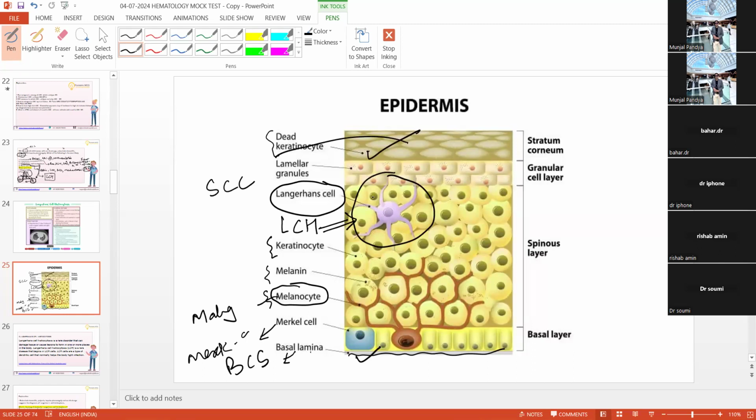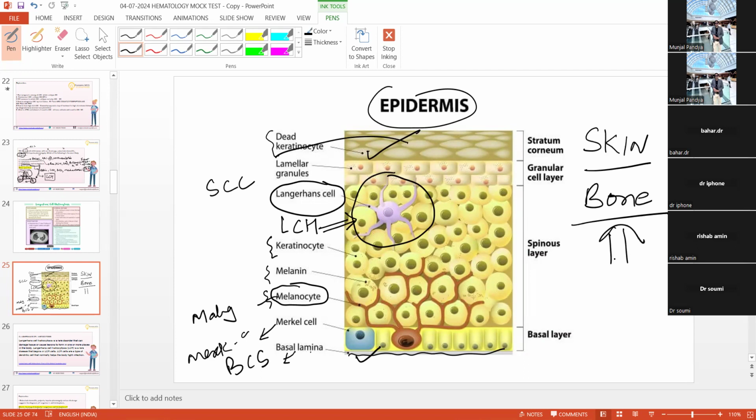So Langerhans is the normal cell. It is in the epidermis. There are two main manifestations, in skin and bone. These are the two most common presentations of Langerhans cell histiocytosis, right? So in any scenario where you are giving the answer of Langerhans histiocytosis, look: is there any bony problem? Is there any dermatology problem?